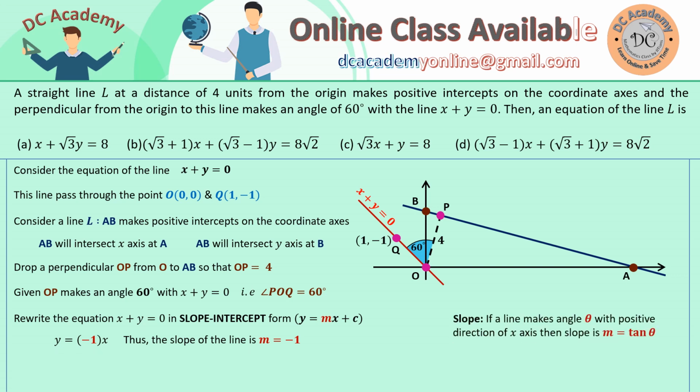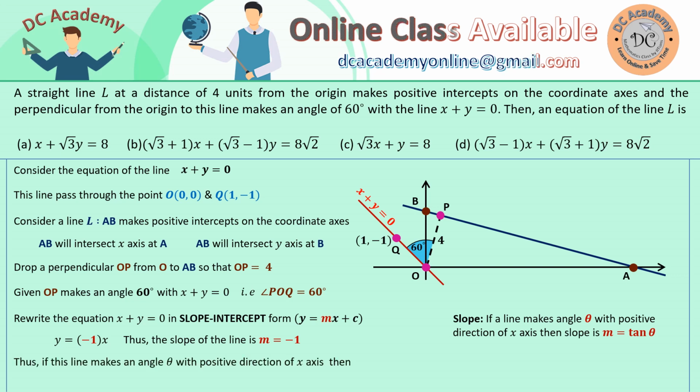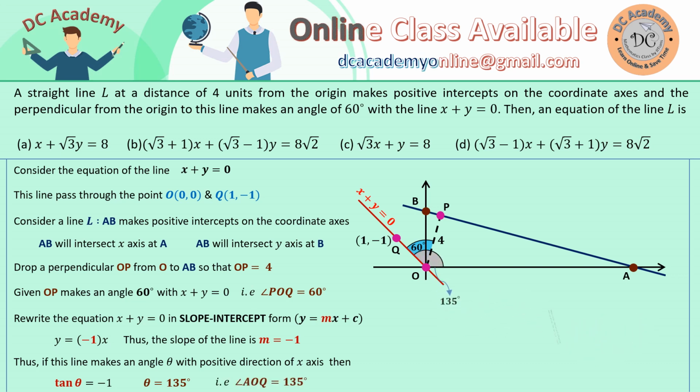Also we know that the slope is tan of an angle theta, where theta is the angle which the line makes with the positive direction of x-axis. So in this case, tan theta is minus 1 and hence theta is 135 degree. So we mark the angle which the straight line x plus y equal to 0, that means the line OQ, makes with the x-axis.